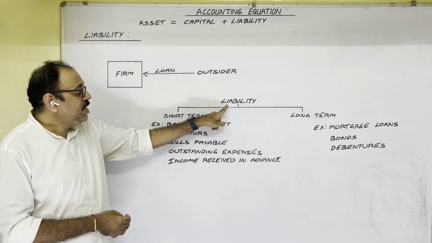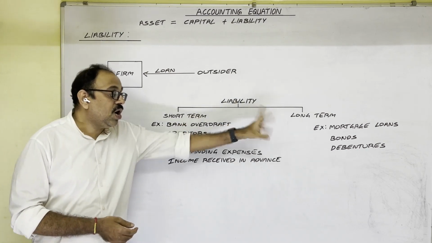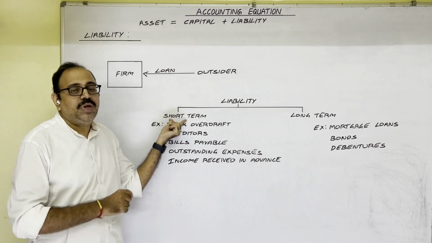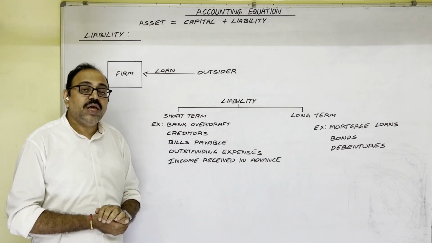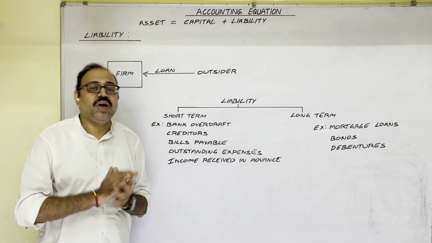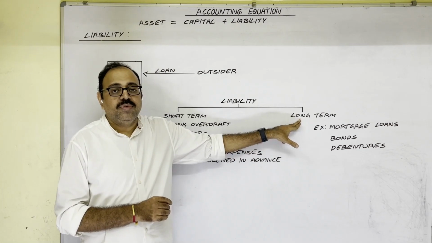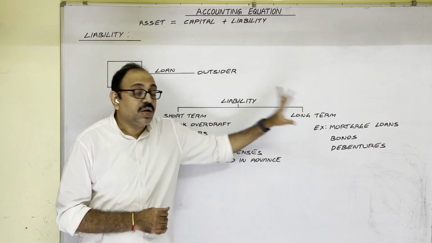Then liability is divided into two types, short-term liability and long-term liability. If a loan is taken for a short period, it comes under short-term liability. Here short period means less than 1 year. If a loan is taken for a long period, above 1 year, that loan comes under long-term liability.